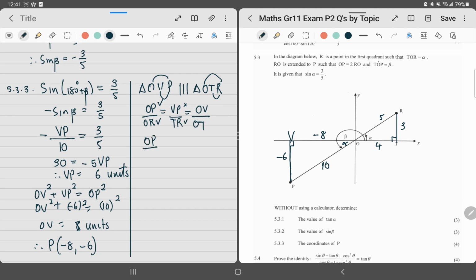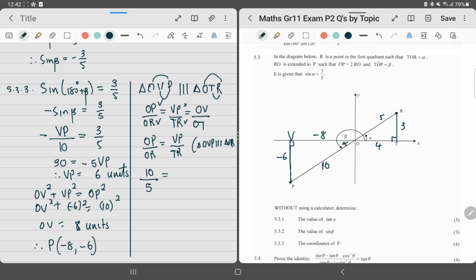So I'll say OP over OR should be equal to VP all over TR, because triangle OVP is similar to triangle OTR. OP, that's a 10, and then OR, that's a 5.